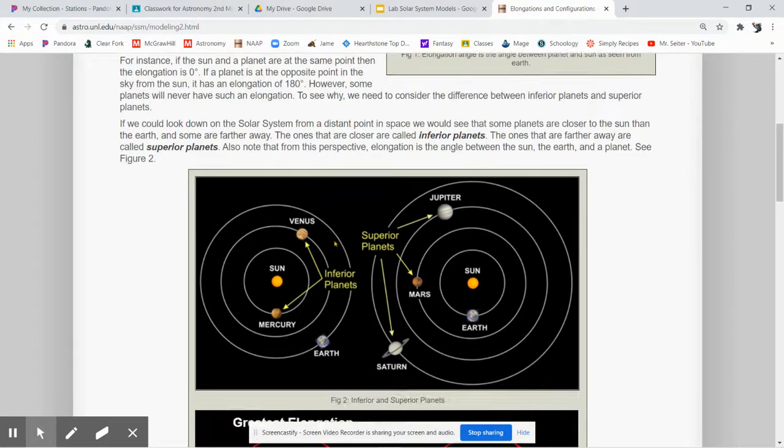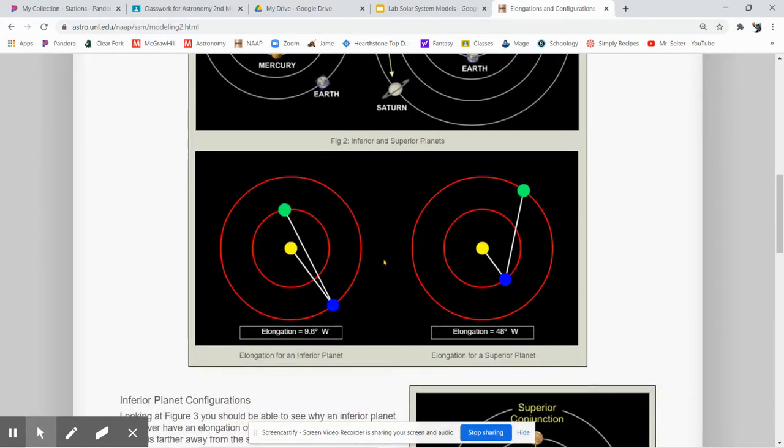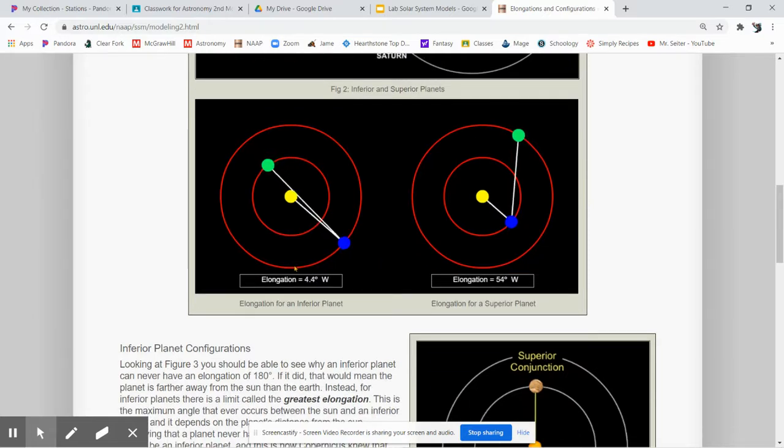All right. So here we are. Here are superior planets. They're farther away than the Earth. And inferior planets, planets that are closer to the sun. Let's take a look at how this works. Now, we're about to hit superior conjunction. They all line up.